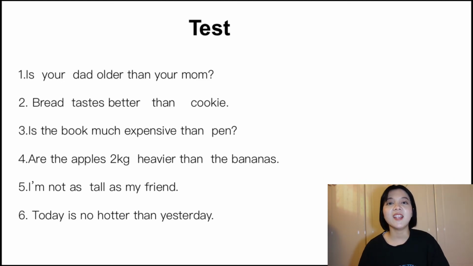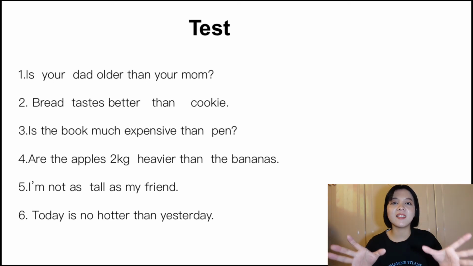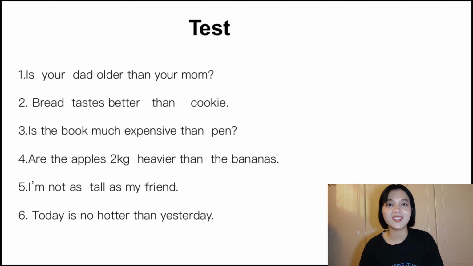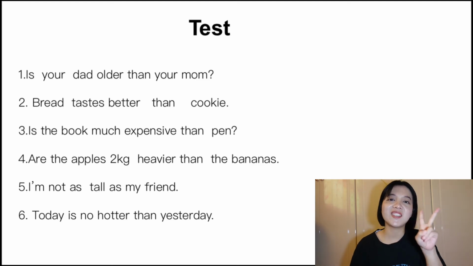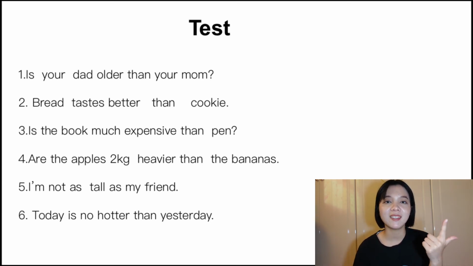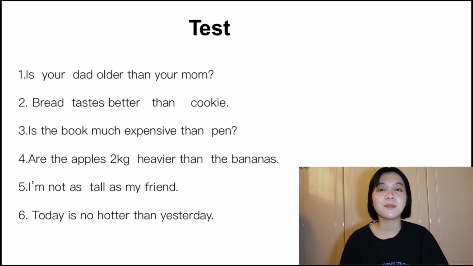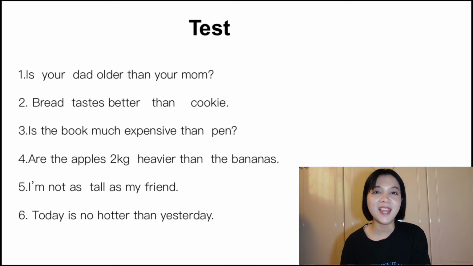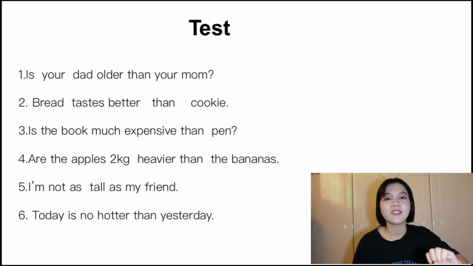Sentence 1. Is your dad older than your mom? You can translate it first, then try to answer it. Sentence 2. Bread tastes better than the cookie. Bread 面包, cookie 饼干. Sentence 3. Is the book much more expensive than the pen? Book 书, pen 笔. Sentence 4.